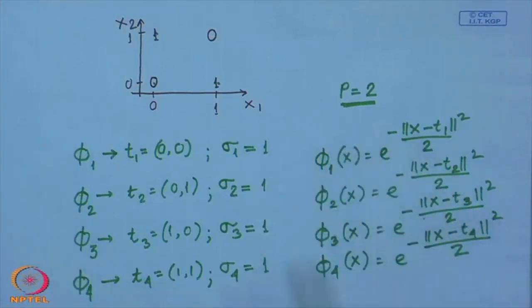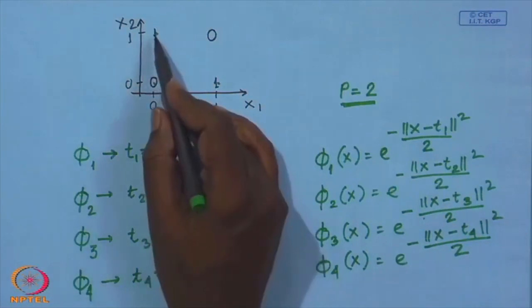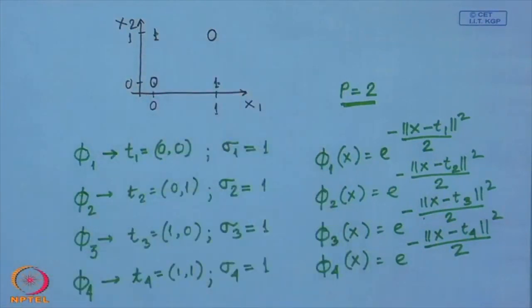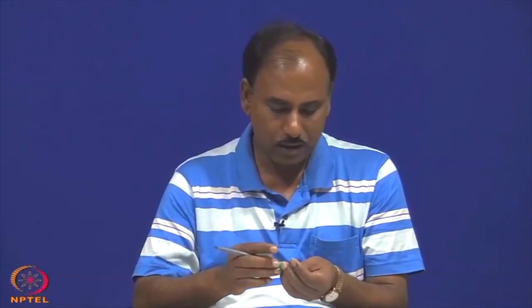If I compute these values for each of the feature vectors, taking 0 0 as one feature vector, 0 1 as another, 1 0 as another and 1 1 as another, the functional values will be something like this.